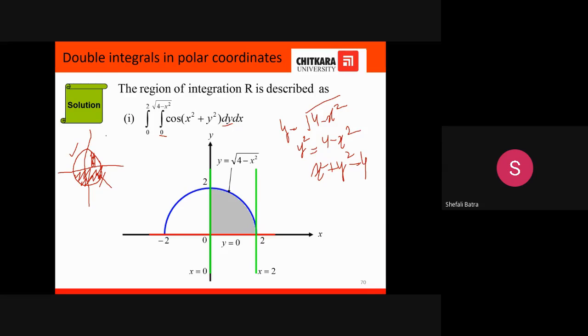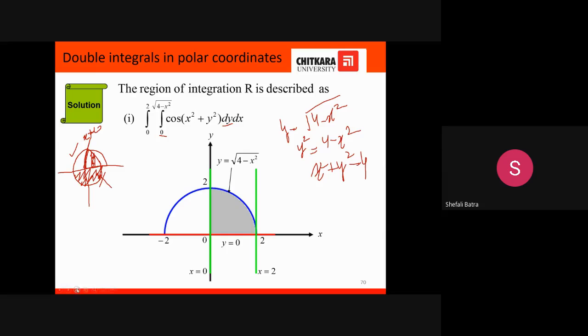Now tell me, should we consider this in the region of integration? Yes or no? No, ma'am. Why? Because your strip was starting from here, this sliding, x is equal to 0 on the y-axis. Very good, beta. So this highlighted part is the region of integration.